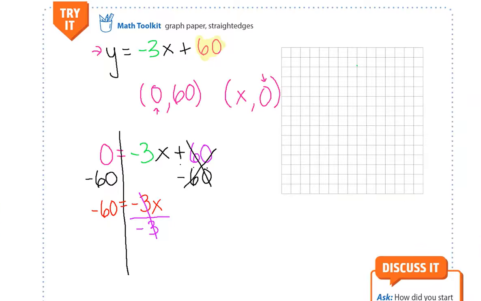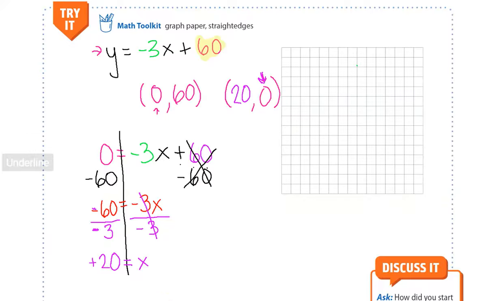All we have left is 1x. But if we divide by -3 on this side, we must divide by -3 on this side. -60 divided by -3: 60 divided by 3, I know, is 20. And a negative divided by a negative makes a positive, so it's positive 20. So in this scenario, where y is 0, x will be 20.